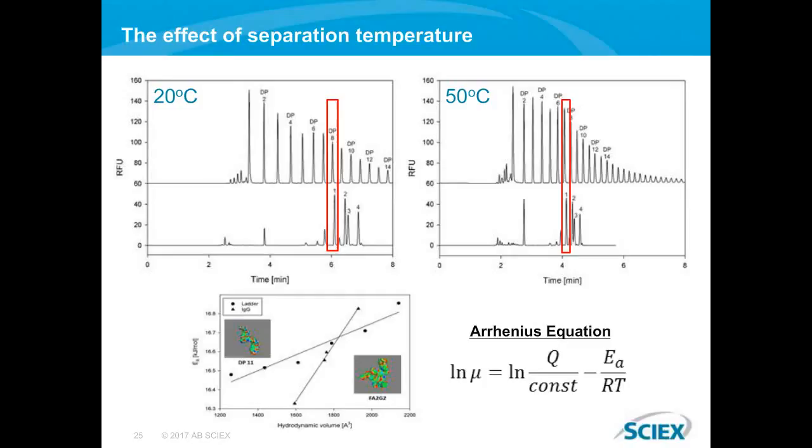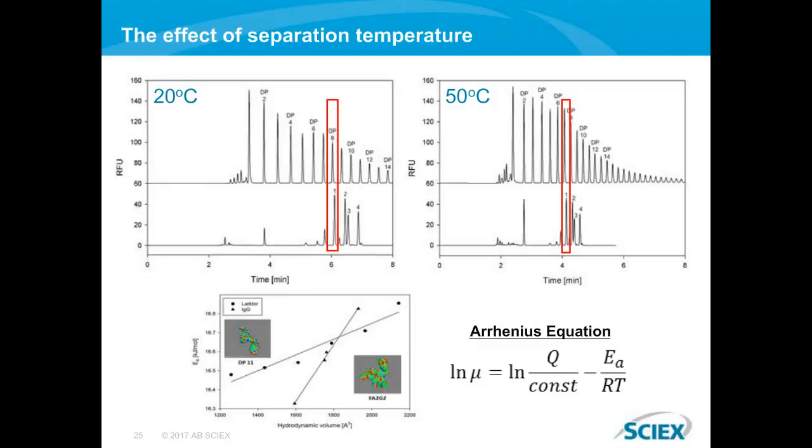However, the separation temperature is key to really get those numbers correct. As one can see here, running the same sample, the same oligosaccharide mixture of the maltose oligosaccharide mixture and the IgG glycans, at 20 degrees centigrade, the peak number 1 has a degree of polymerization close to 8, so the glucose unit value is close to 8.